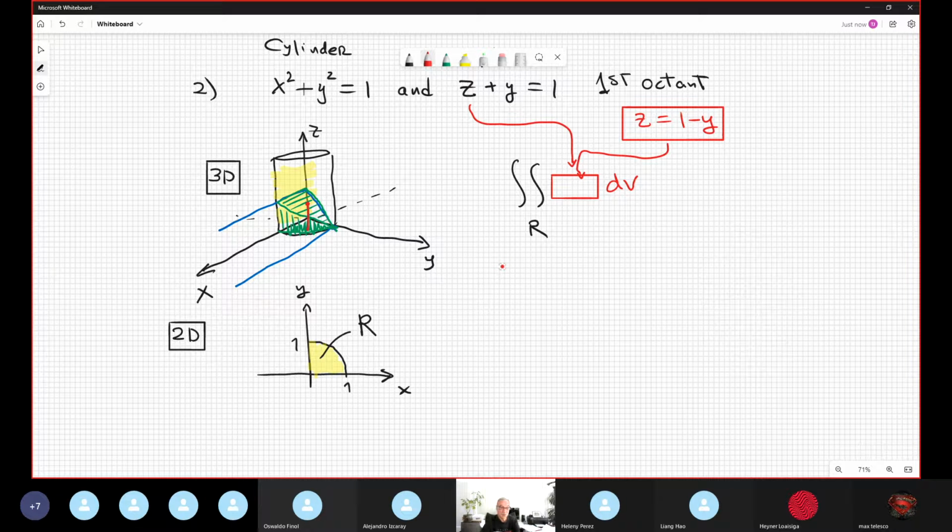So remember, when the region is a circle, semicircle, or quarter of circle, it's super easy doing polar. If you do it by Cartesian, you complicate your life. No, it's not impossible, but it's hard. Okay, so now basically, I convert this double integral to polar.